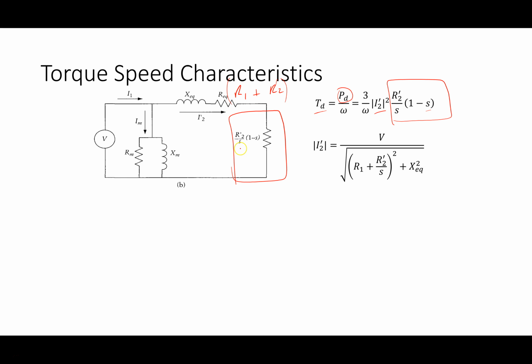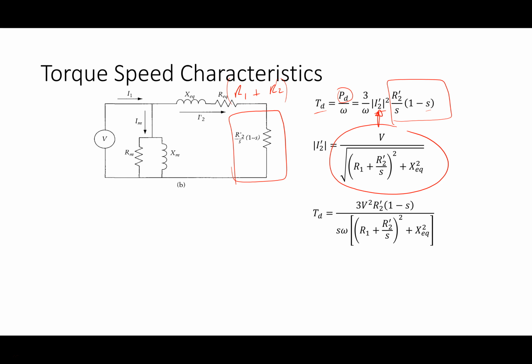When I add that to this, I get R1 plus R2 prime on S. So square root of resistance squared plus reactance squared gives me the magnitude of my impedance. So the magnitude of the current is the magnitude of the voltage over the magnitude of the impedance, and I could take this entire thing now and substitute it into here for I2. And when I do that, I will end up with this equation.